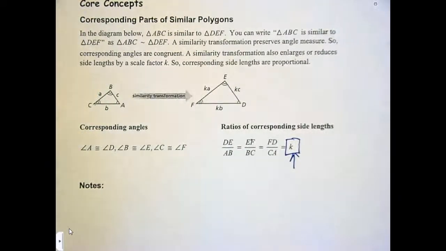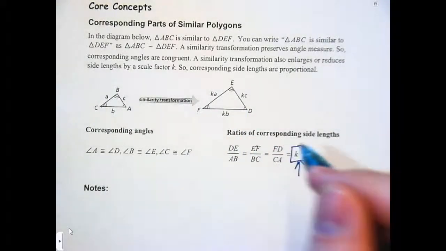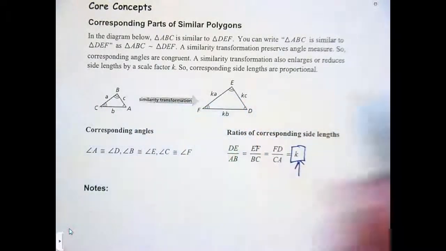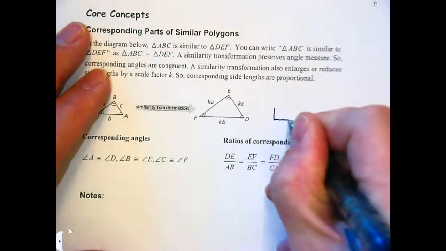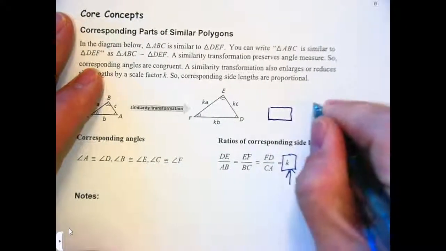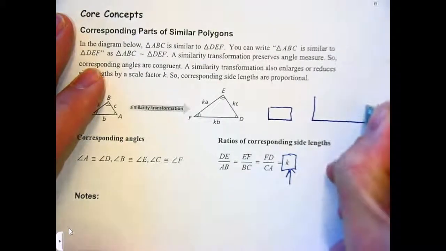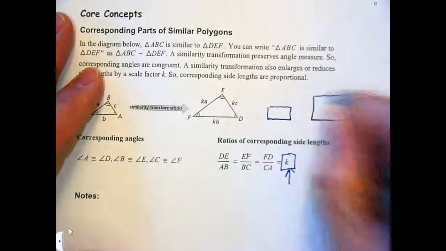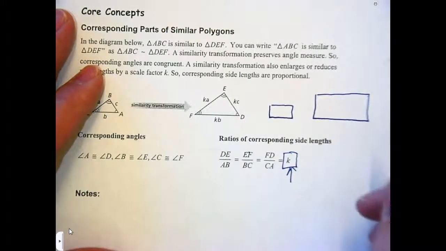Yes? So you're saying that the angles would always have the same measure? Probably the best example to think of when you're thinking of angles not changing in a dilation is if I drew this figure right here and told you it was a rectangle, and then I drew this figure and said it has been dilated by 2.